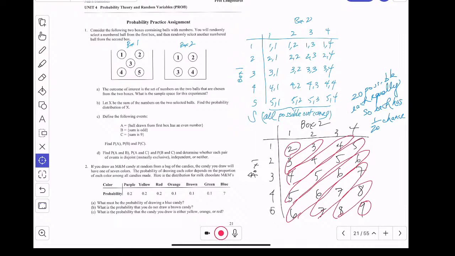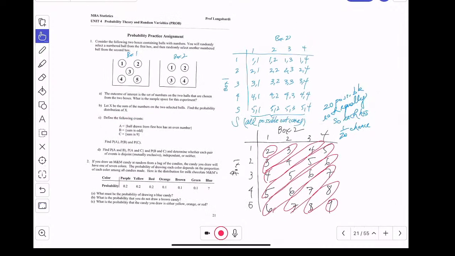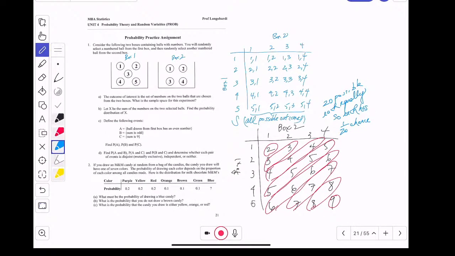So then for these, the probability that x takes little x is what we want to display. We want to depict that.